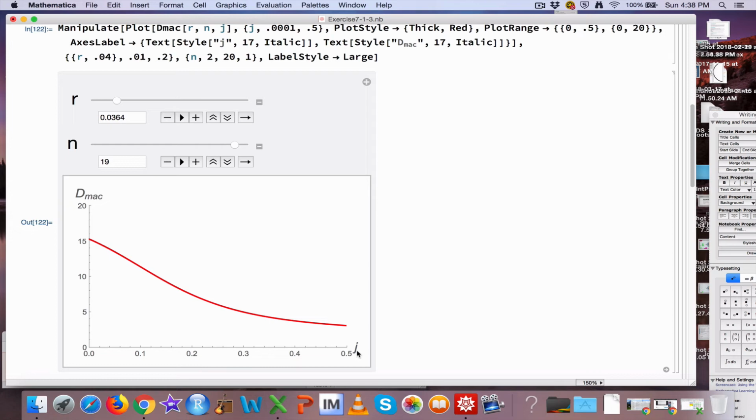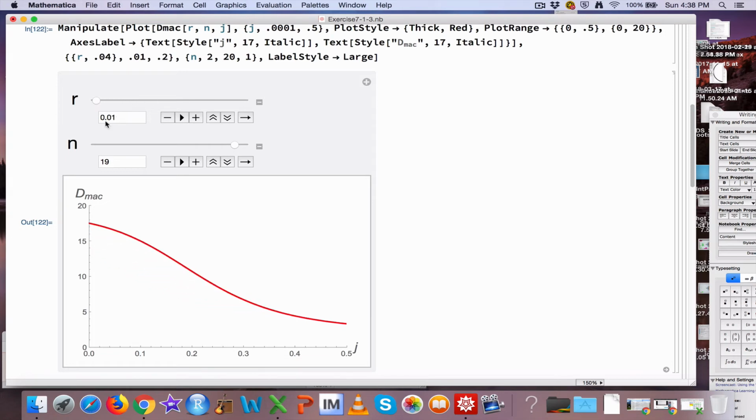That's something subtle and unexpected. But again, as r increases, the graph goes down, though the effect is greater for small values of j. R increasing has a bigger effect on the duration as your coupon amounts get bigger for small yield rates than for large yield rates. Another interesting thing to see.